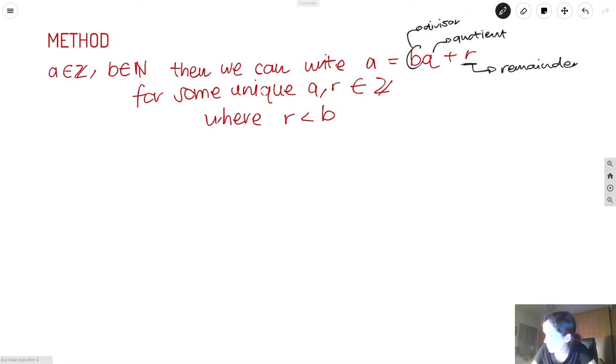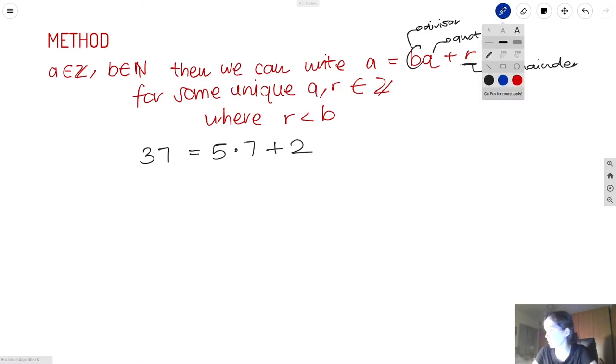If we were to divide 37 by 5, we would have 5 times 7 plus 2. So this is a, this is b, this is q, and r is 2.